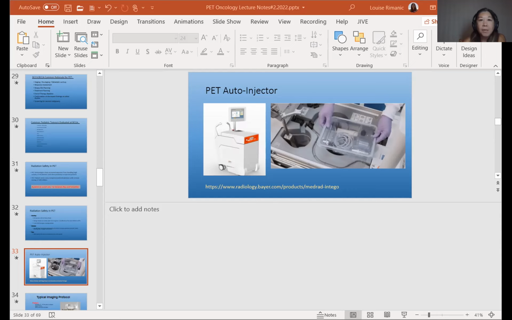We can also get muscle uptake, as you see here, in a patient that had persistent and intense coughing, probably like me if I did a PET scan these days, with the poor air quality. So you get all this uptake in the neck muscles.